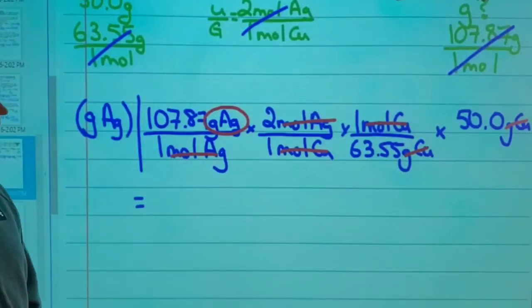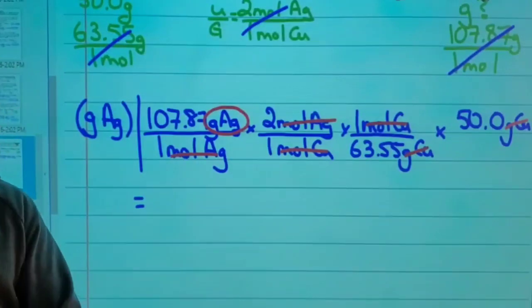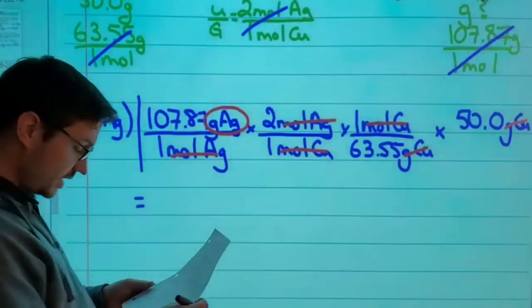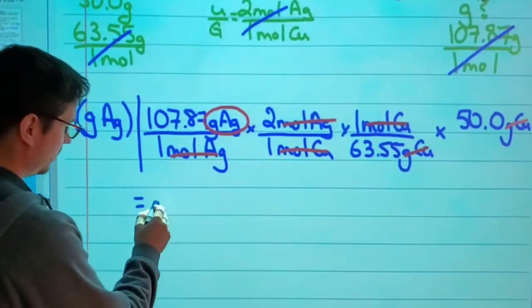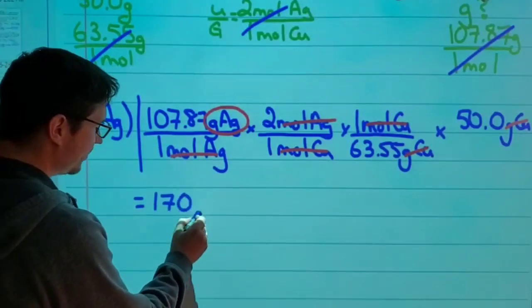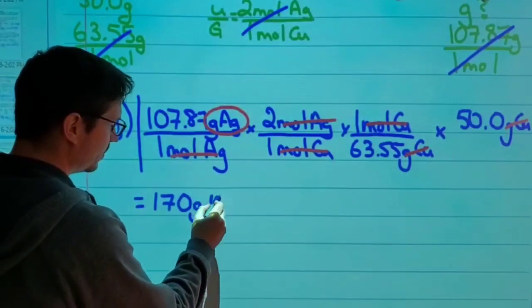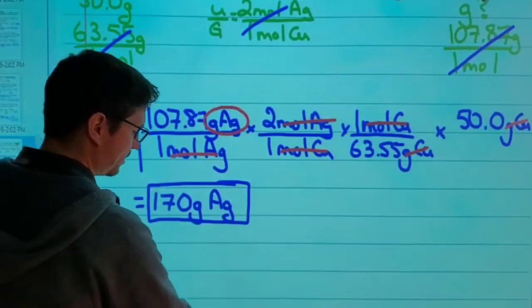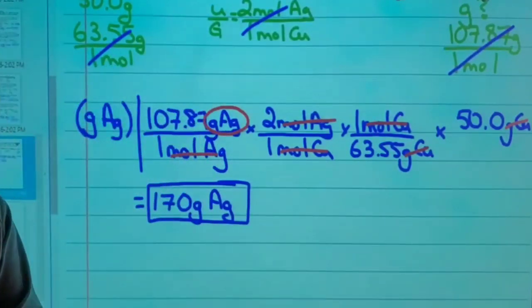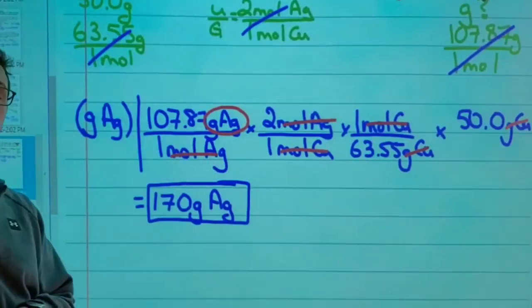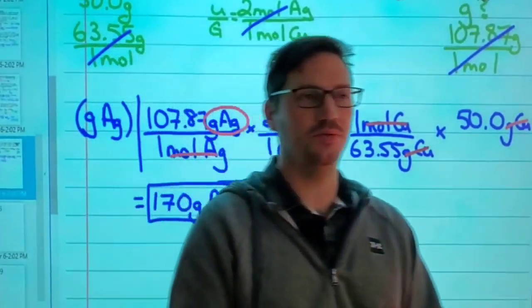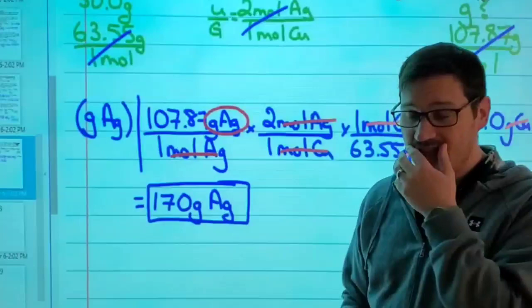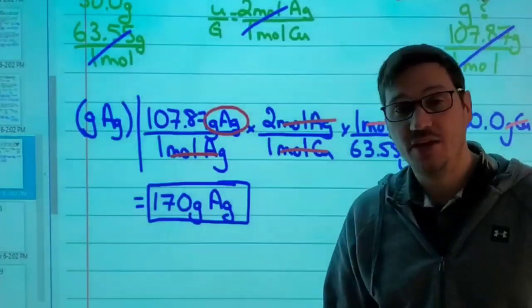I'm not going to do that, but please plug it into your calculator and see if you end up getting 170 grams of silver. So you put in 50 grams of copper and you're going to get out 170 grams of silver. Hopefully this makes sense. Let us know if you have any questions.